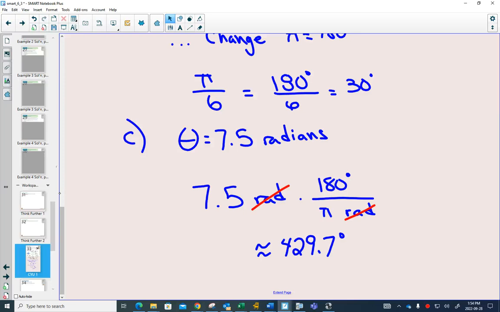One other little thing about angles. You know when you have degrees, you have a little symbol to show degrees. Right now, I've been writing radians every single time. Is there a symbol for radians? You would think R, something like that. There's actually no symbol for radians.